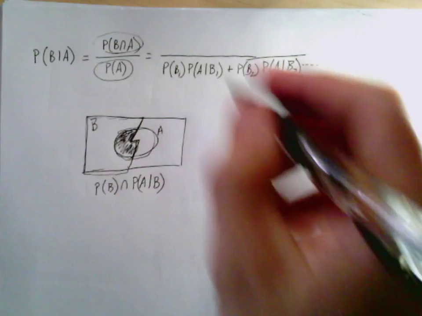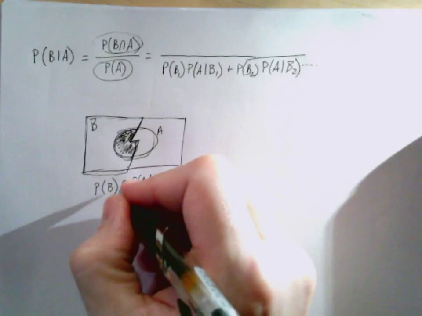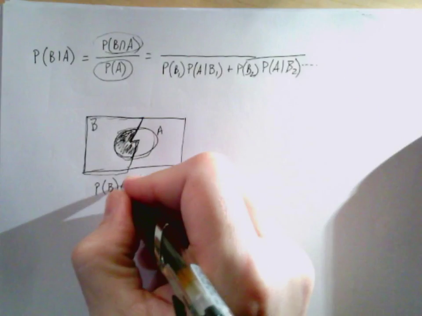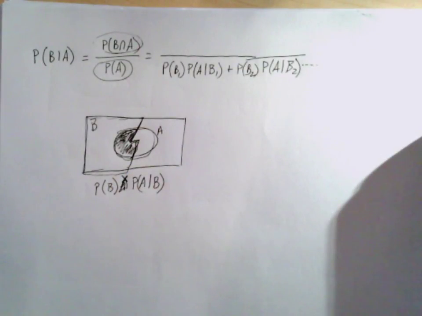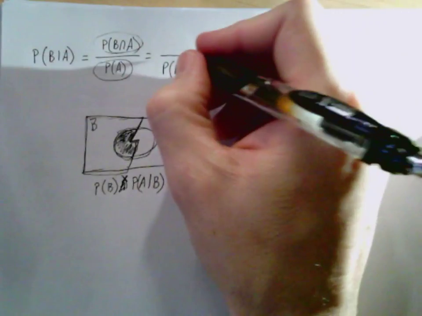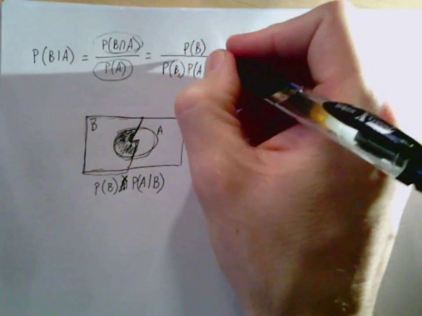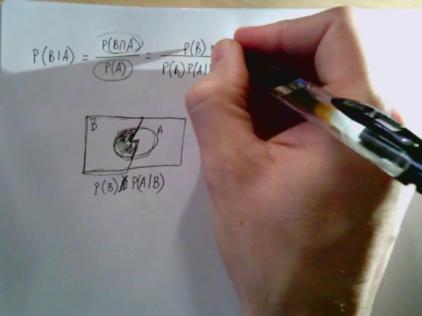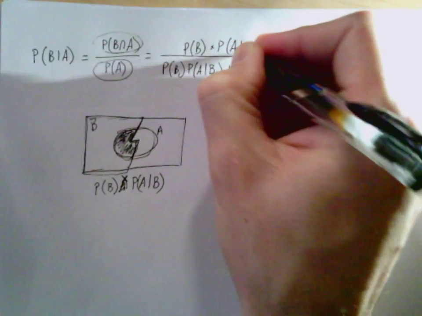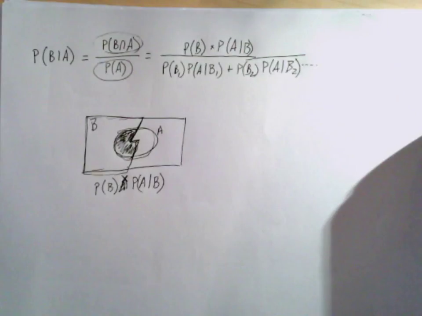So we're going to write that down. Actually, it shouldn't be intersected. It should be times because we don't know if they're dependent or independent. So there we can make our final statement, which is the probability of B times the probability of A given B, which is Bayes' theorem.